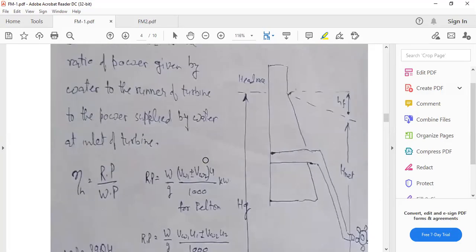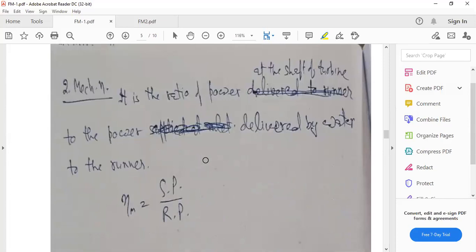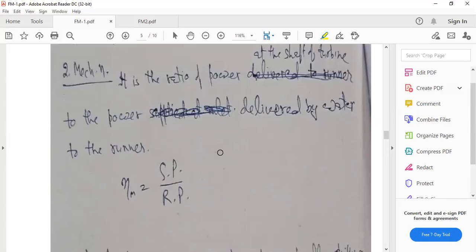Okay, so this is the first efficiency, which is known as hydraulic efficiency. Then we have the second efficiency, which is mechanical efficiency. So what is mechanical efficiency?